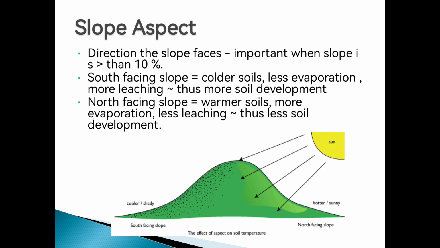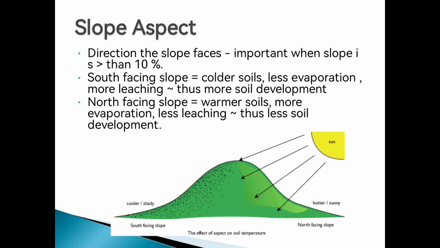So yan. And this is the effect of the slope aspect. The direction the slope faces is important when the slope is more than 10%. So the south-facing slope has colder soils or less evaporation, and it can have more leaching, thus more soil development.